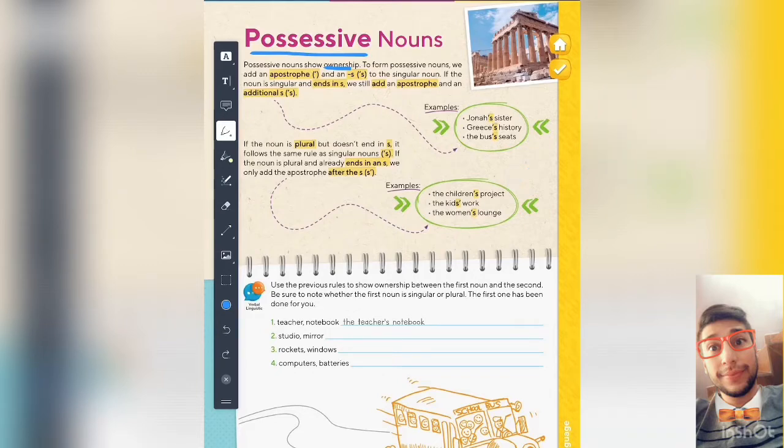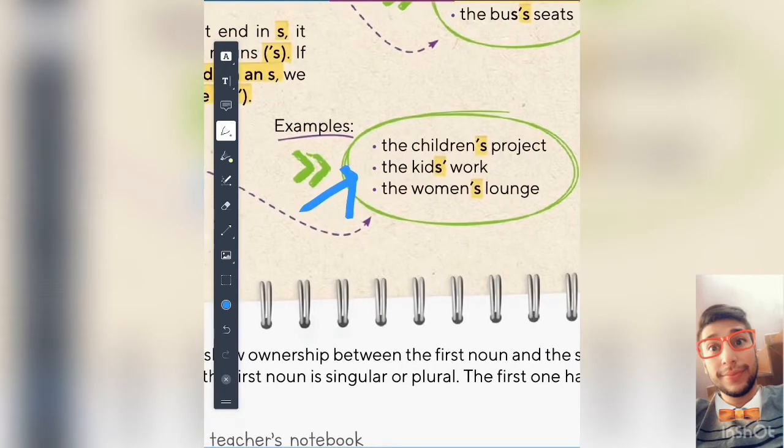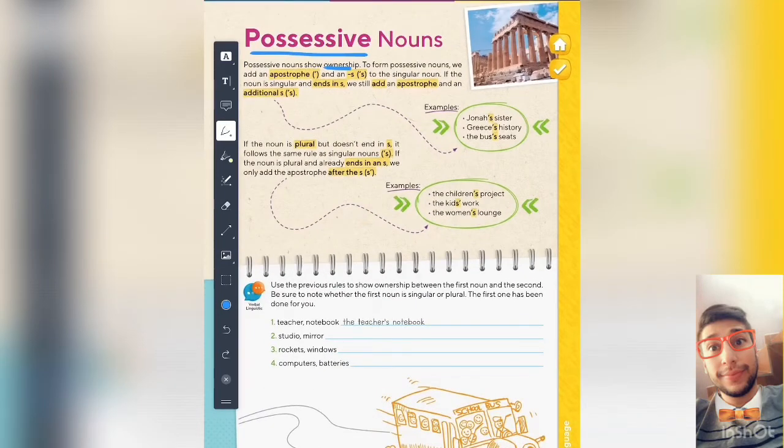The second example is the plural form of kid, but it already ends with an S, so the apostrophe is after the S. Okay? The kids' work. Third example, the women's lounge. We have woman, that means just one lady, and women, it's plural, so many ladies.